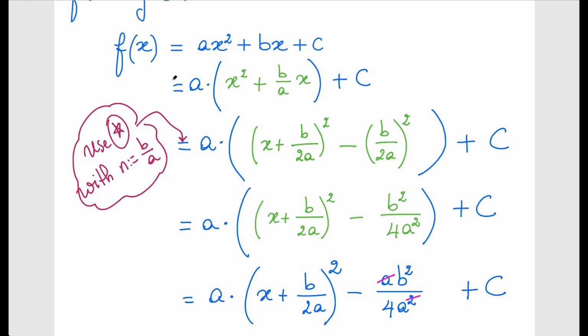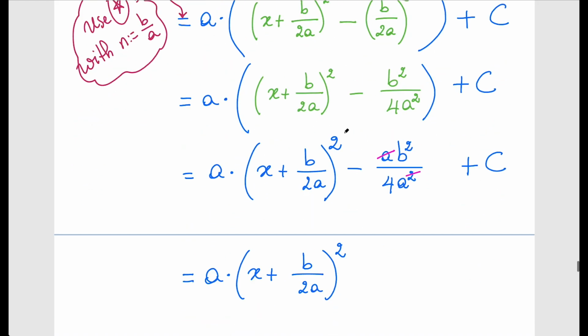So since a is not 0, I'm allowed to divide by a, correct? Okay. All right, so now I'm simplifying by this common factor a, and I get minus b squared over 4a plus c, correct? 4a, I forgot the a. So one more time, b squared over 4a plus c.